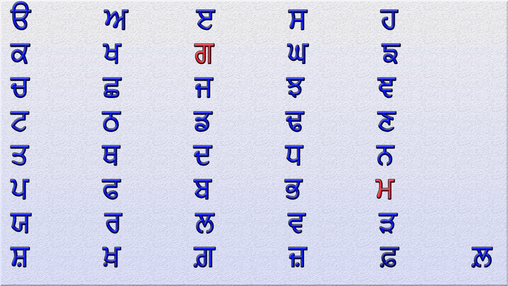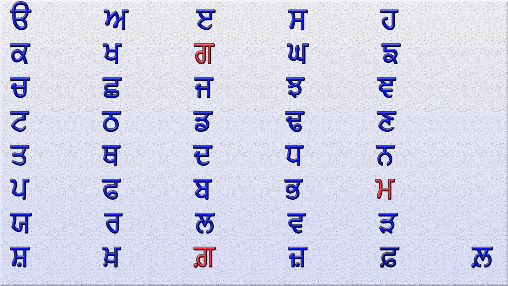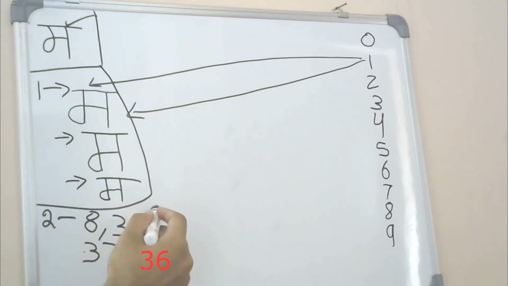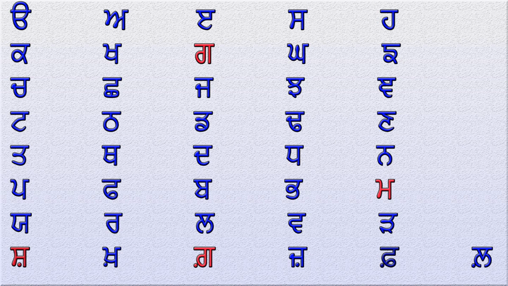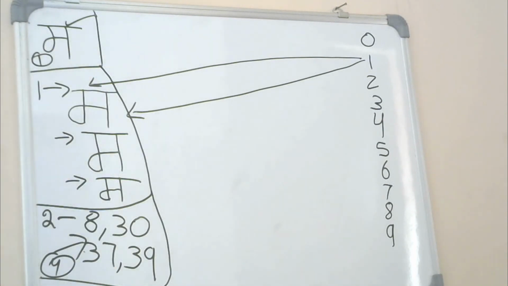Then you're going to learn the 37th letter. And at last you're going to learn the 39th letter. So learn this letter, you know 5 letters of Gurmukhi. 4 and this one. 5 letters you know, and there are around 41 letters. If you know 1 letter, 5 letters are yours.